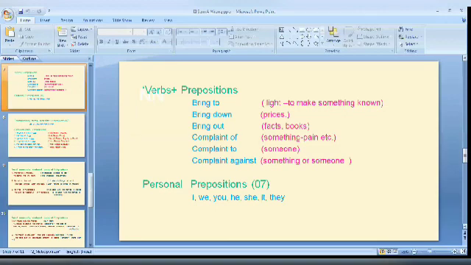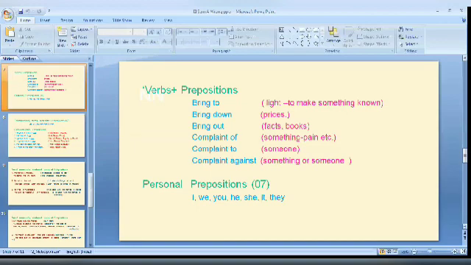Next, complaint of. The preposition of goes along with complaint when it complains of something, complaining of pain, etc. And the preposition to goes along with complaint to someone. If we are complaining about something to a person, then we can use the combination complaint to.